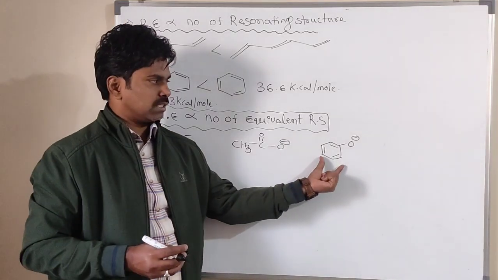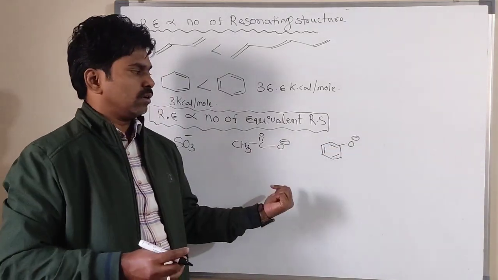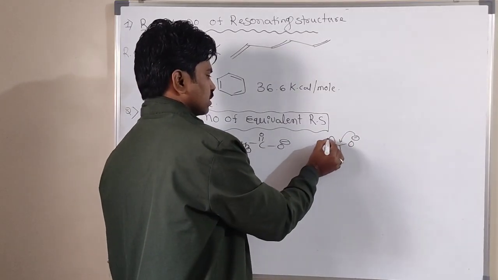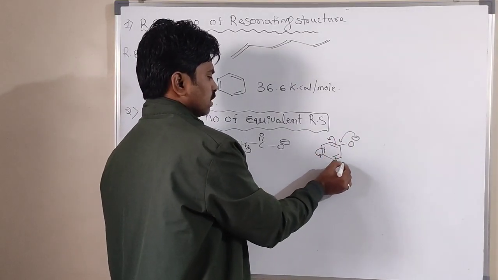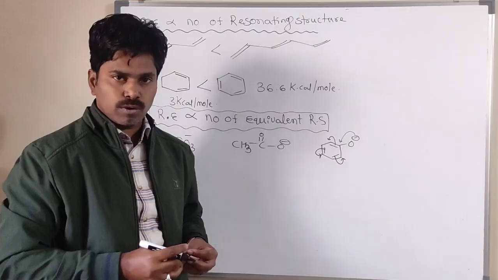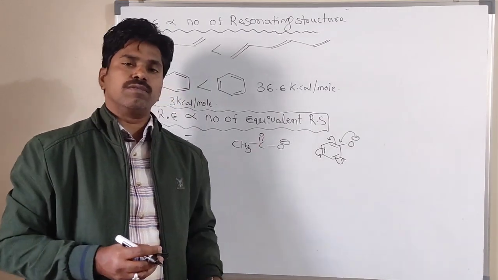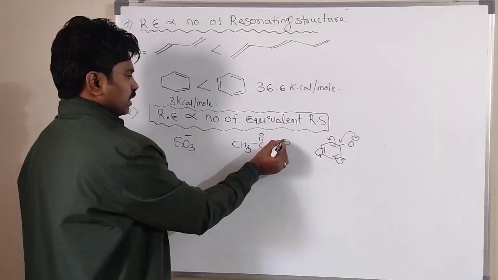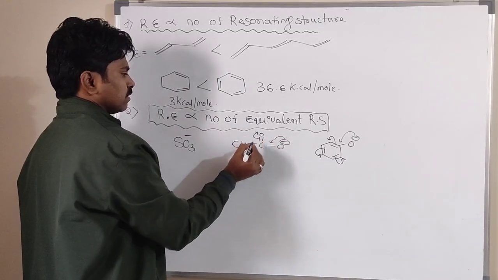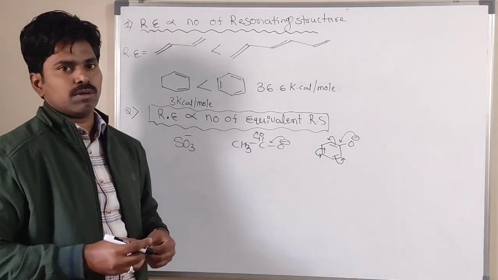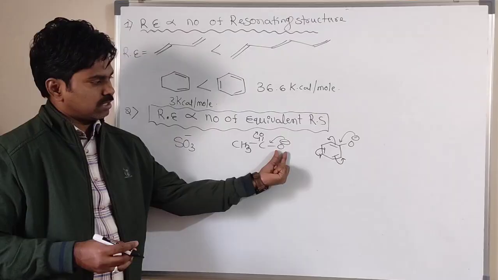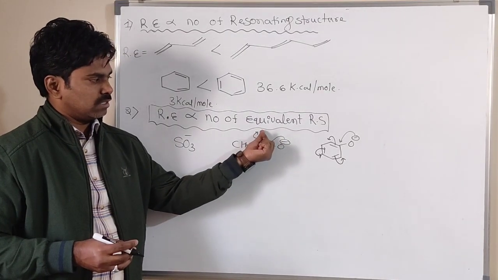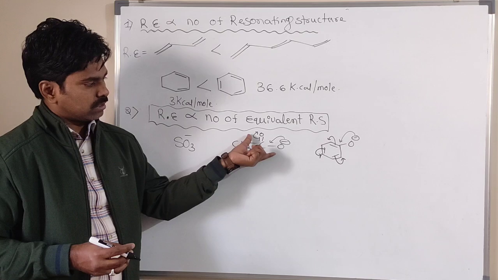But in the benzene case, the negative electrons overlap towards the benzene side, and different resonating structures are formed, and they have different energies also. But here we get the same energy because the same structure is formed. Here the oxygen gets the minus, then after the overlapping of this negative electron, the other oxygen gets the negative, but the structure is the same.